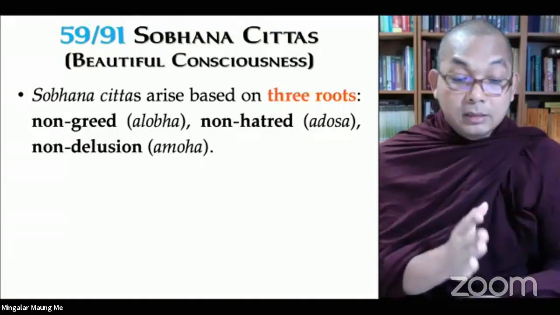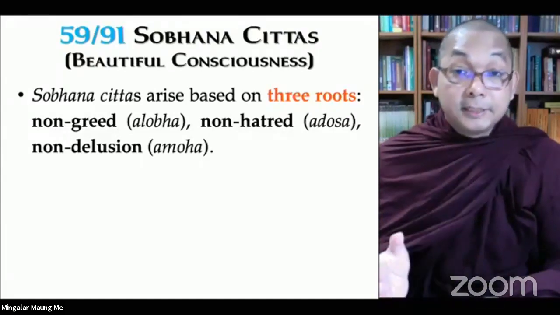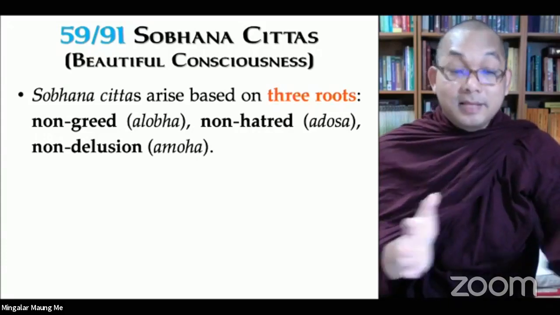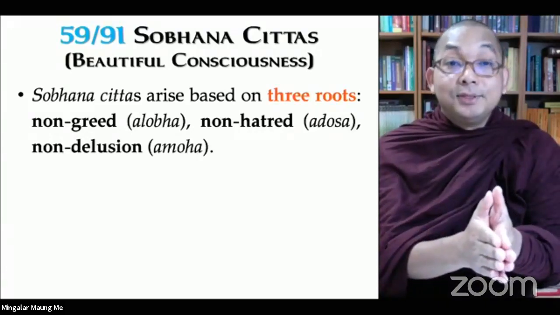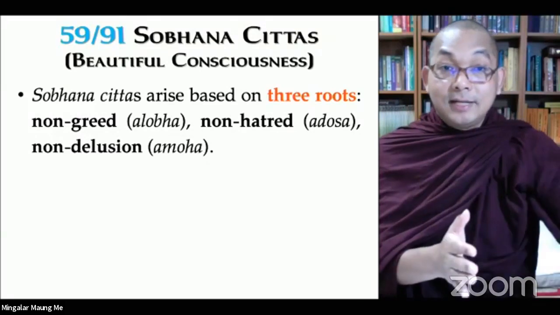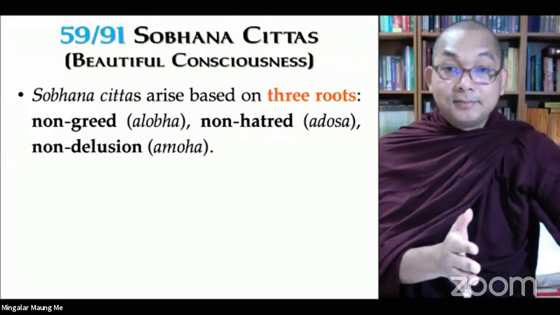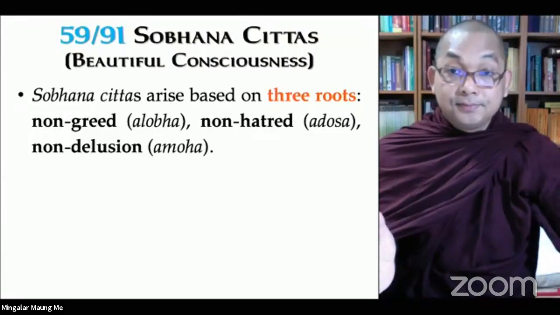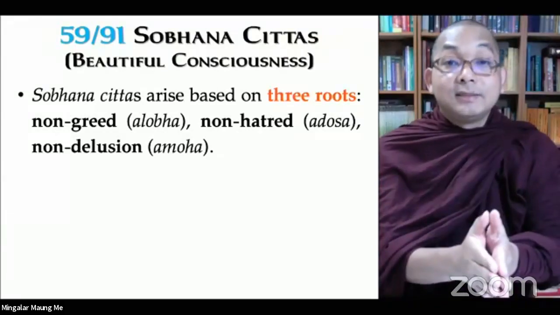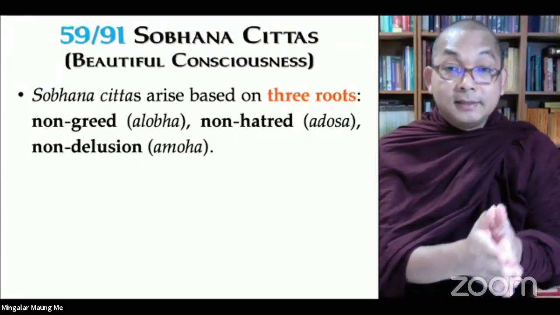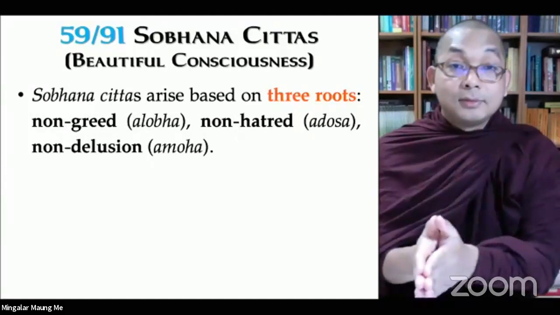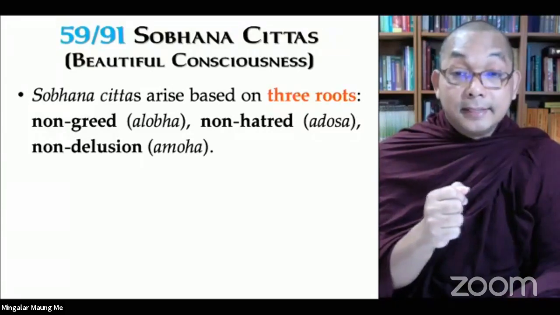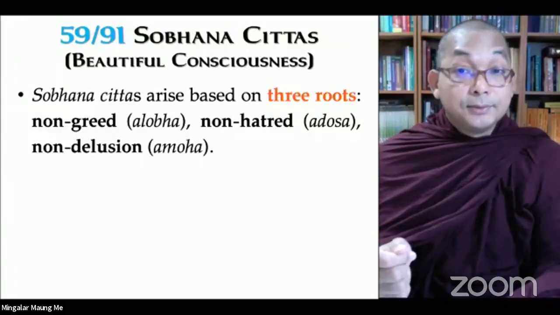But here, alobha, adosa, amoha, they are wholesome. But in between good and bad, there are ahetuka chittas. You notice, right? Akusala and wholesome chittas that we are going to learn, they are wholesome. But in between, ahetuka chittas are neither wholesome nor unwholesome, because they don't have an unwholesome root or a wholesome root.